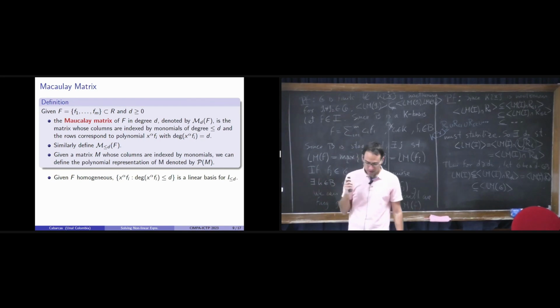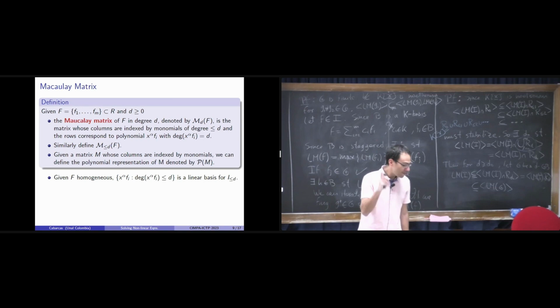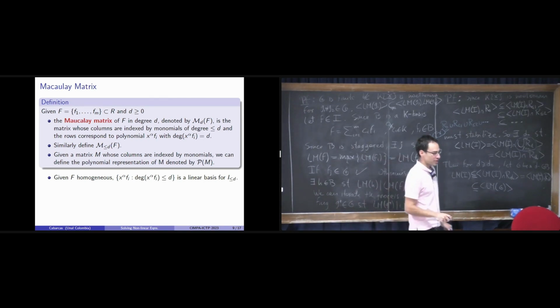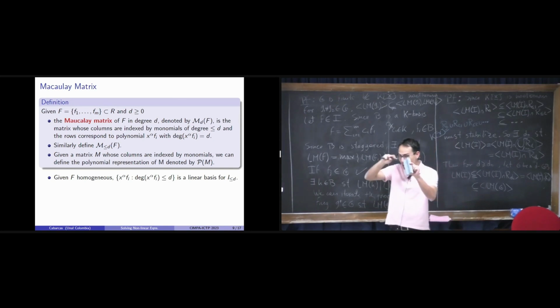What is nice about this is that given a set of homogeneous polynomials, the polynomials obtained in this form are a linear basis of the ideal up to degree D. That's because when the polynomials are homogeneous, there's no drop in degree.